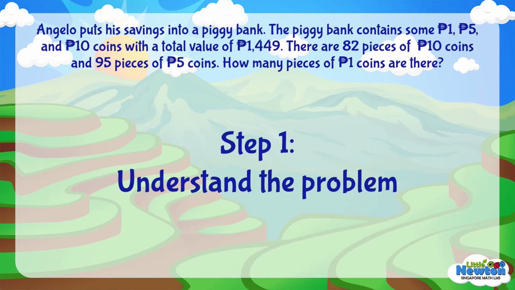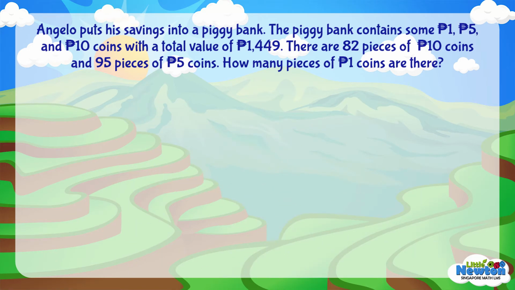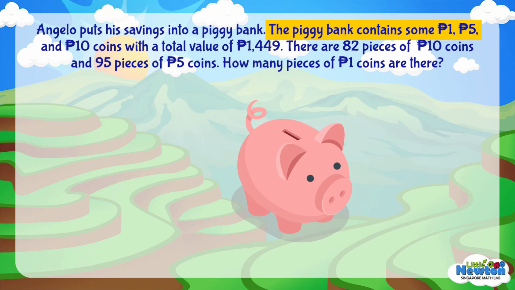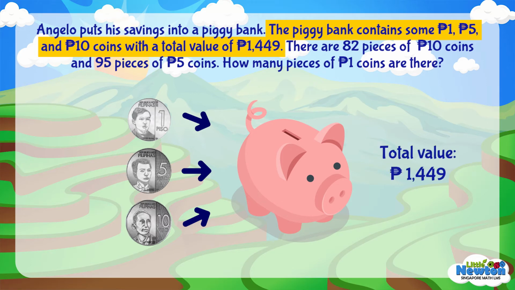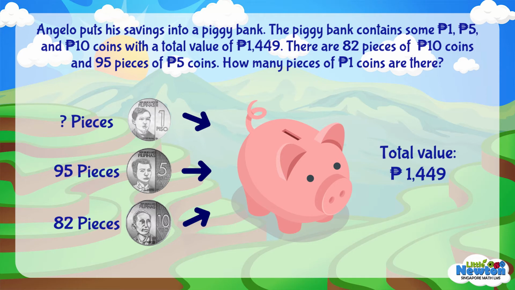Let's break down the question and understand it, shall we? The piggy bank contains some 1 peso, 5 peso, and 10 peso coins with a total value of 1,449 pesos. Do we know how many 1 peso coins there are? No, we do not. But we do know that there are 82 pieces of 10 peso coins and 95 pieces of 5 peso coins.